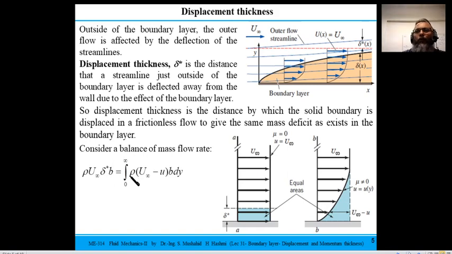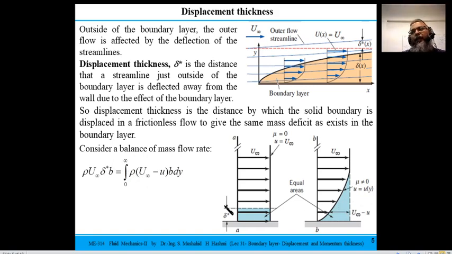So it would be rho u times area, that will be your mass flow rate as you are moving in the y direction from 0 to the free stream condition. Infinity is a symbol used for the free stream condition. This integral represents the mass flow rate when your velocity is varying in the y direction, so it represents the area under this curve, which is this shaded area.